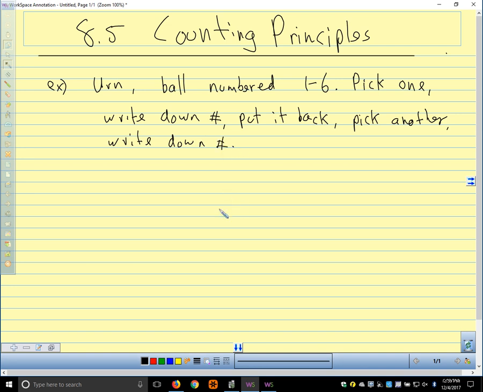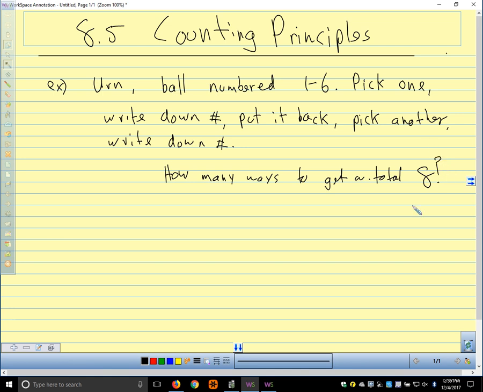What we want to know here is how many ways to get a total of 8. So we add the two numbers together, and we want to get a total of 8.